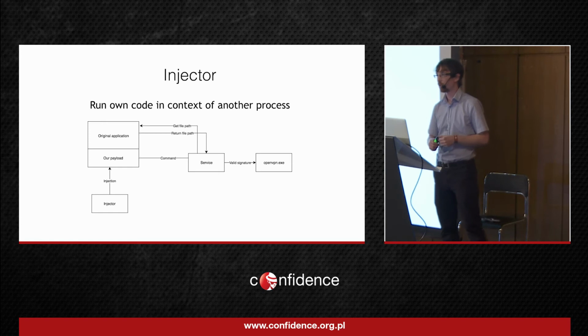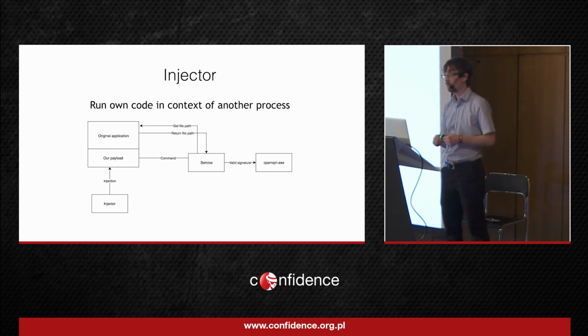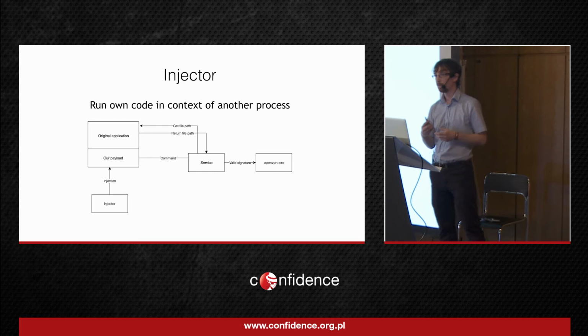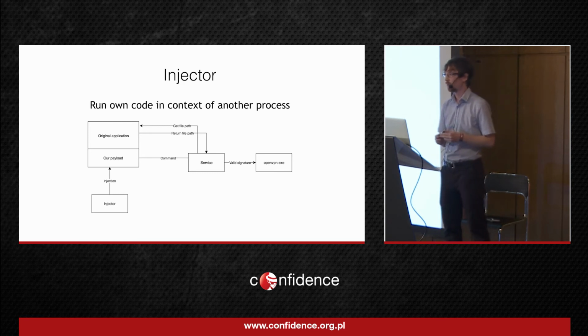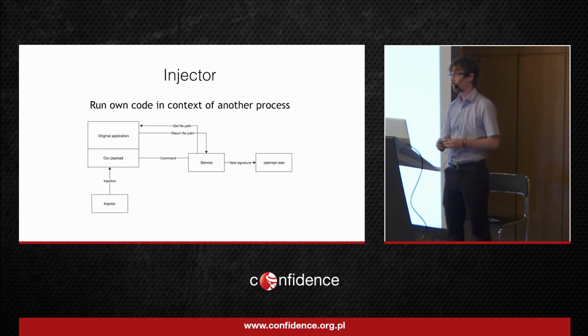It's called injection, and this term is very popular in malware. Injection means running some code in the context of another process. Let's think about some malicious software that wants to communicate with the internet. Nowadays we have firewalls, so when a new process tries to communicate with the internet for the first time, we see a dialog box.